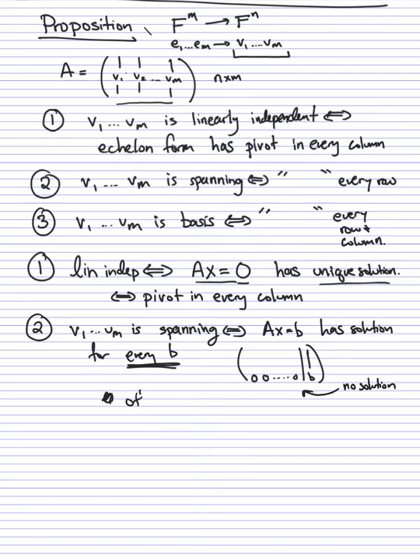Otherwise, the formula for producing solutions works, and that happens if and only if you have a pivot in every row.